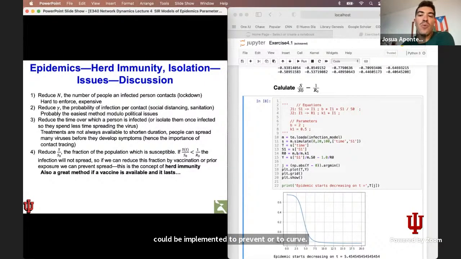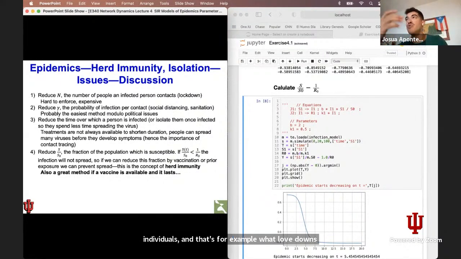There are multiple ways in which we could reduce our R naught or reach herd immunity faster. We can reduce the number of contacts between infected and susceptible individuals, and that's, for example, what lockdowns were intended to do.